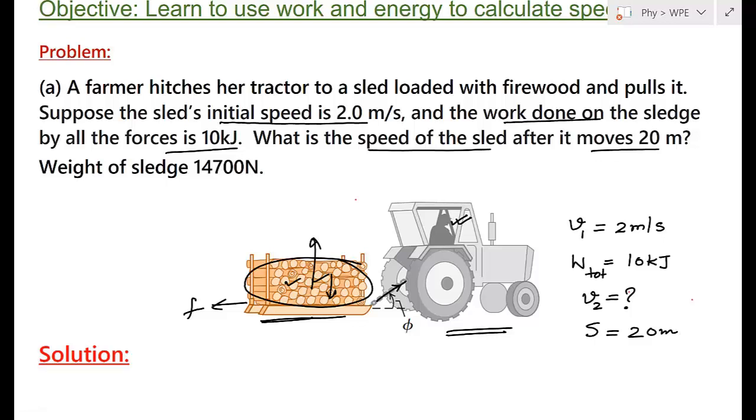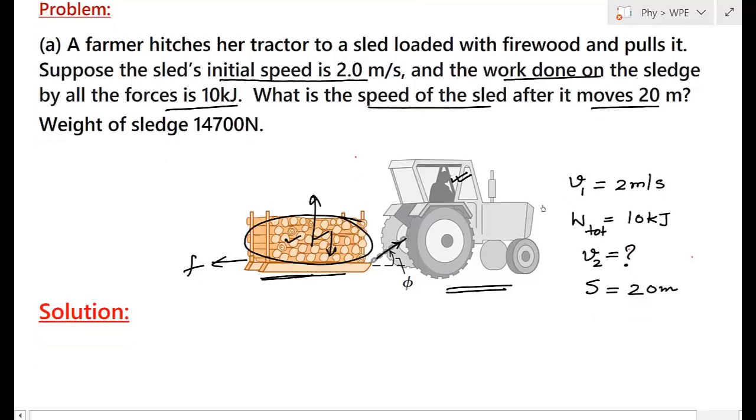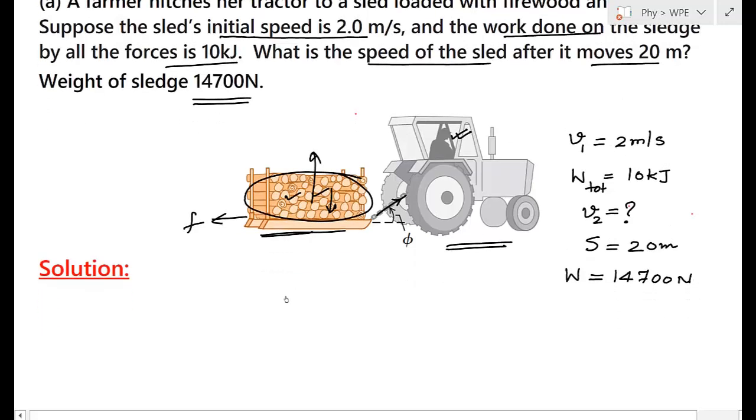So we have to calculate the final speed, that is V2, and we have also been given the weight of the sledge, that is W, which is 14700 Newton. So if I know the weight of the sledge, we can calculate the mass of the sledge.